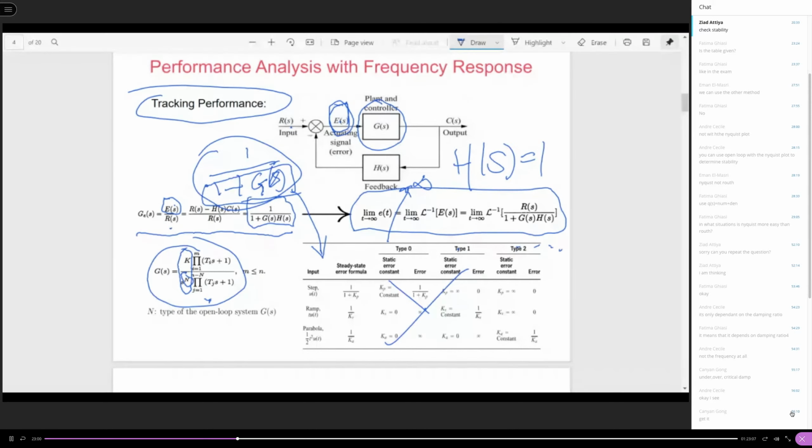In other words, this table implies that the closed loop system must be stable. So I emphasize this one more time. If the closed loop stability is guaranteed, then the problem becomes very simple.